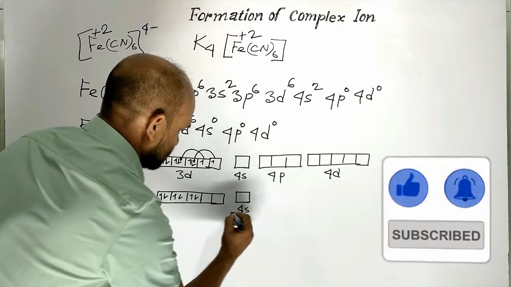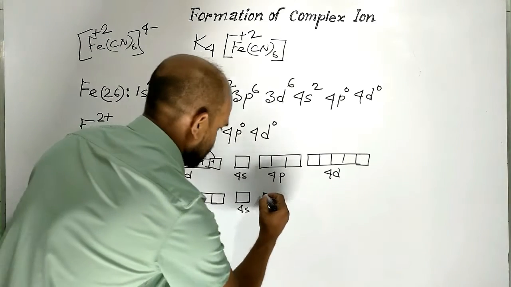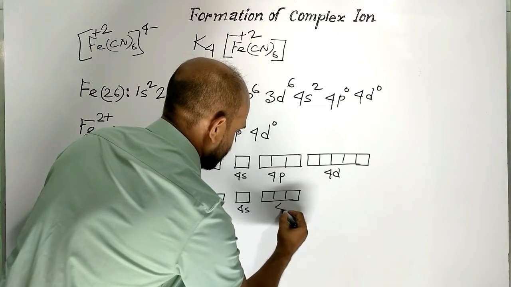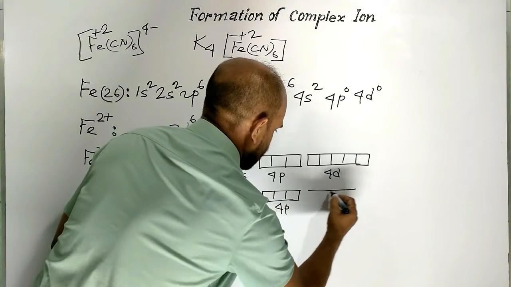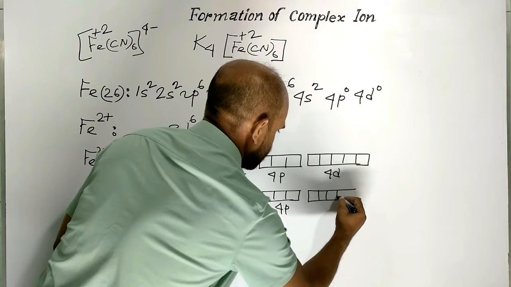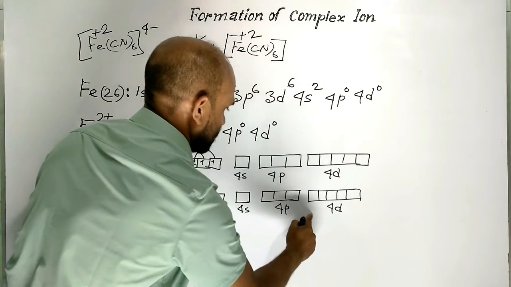Here 4s, these are 3d orbitals. Then 4p and 4d, 1 2 3 4 5, 4d orbitals.